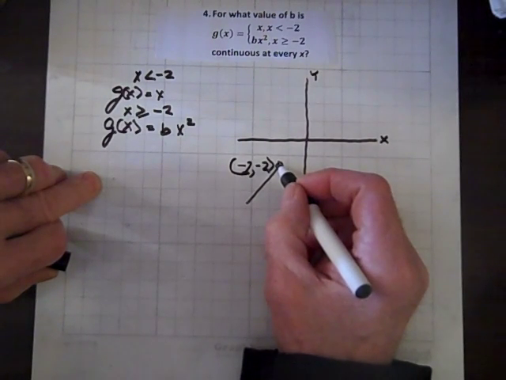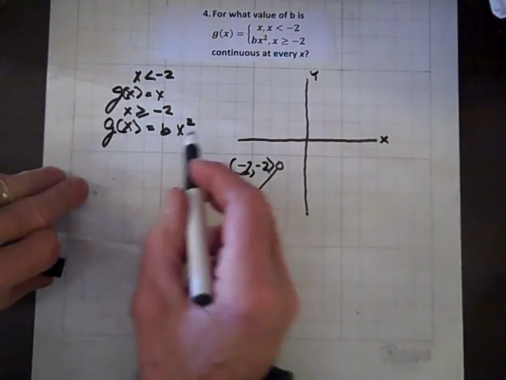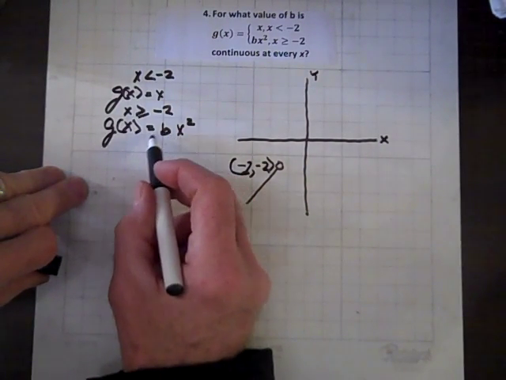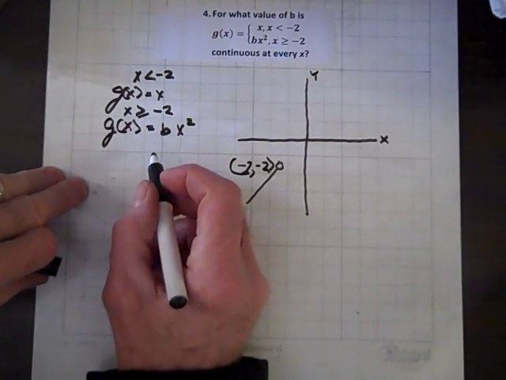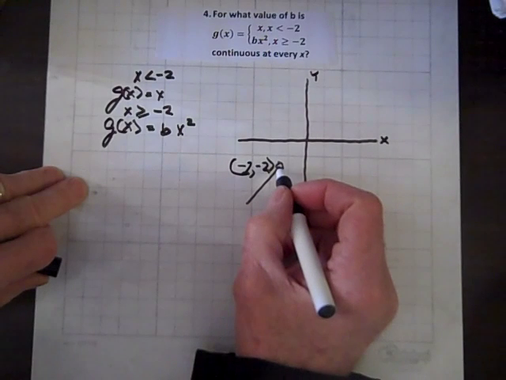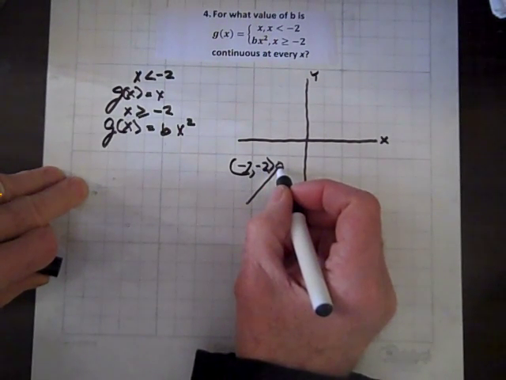So we have to fill in this hole here and then continue on with the rest of g of x when x is greater than or equal to negative 2. And so we know what the y value has to be. It has to be negative 2, and we know what the x coordinate is.